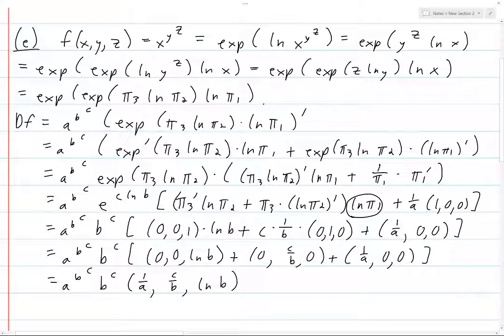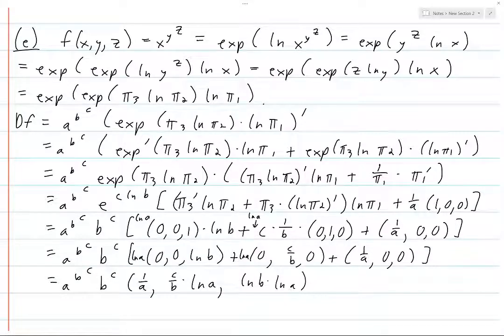We're going to go natural log of a there, and we also have a natural log of a here. Got a natural log of a here, got a natural log of a here, and so finally this should be c over b times natural log of a, and this should be natural log of b times natural log of a. Okay, there we go. My bad on forgetting about that guy.